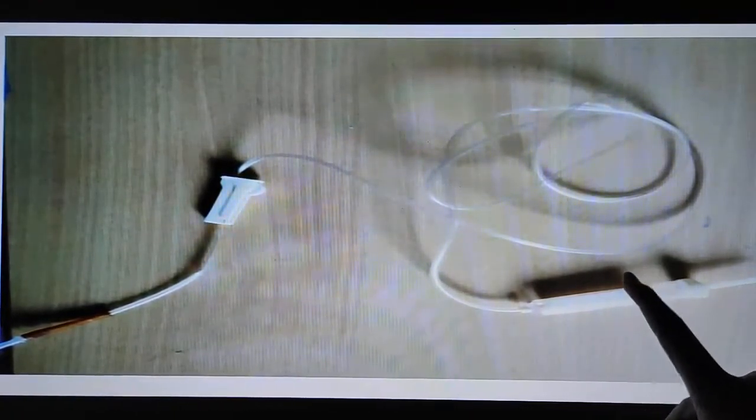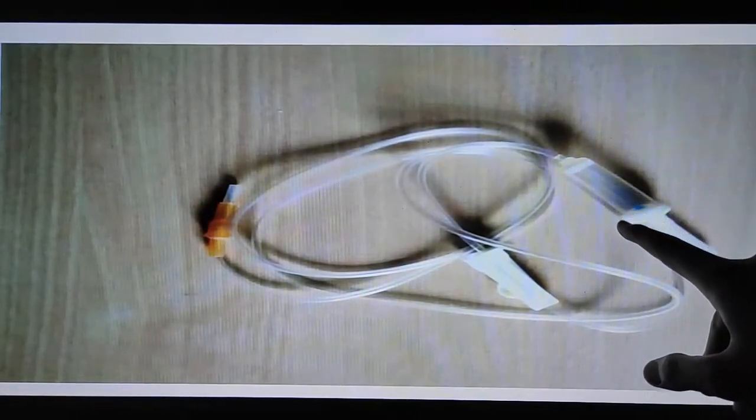This strainer is present inside this chamber. So this is blood transfusion set. This is simple intravenous infusion set. You can see there is no strainer present in this chamber. This is simple intravenous set or IV infusion set.